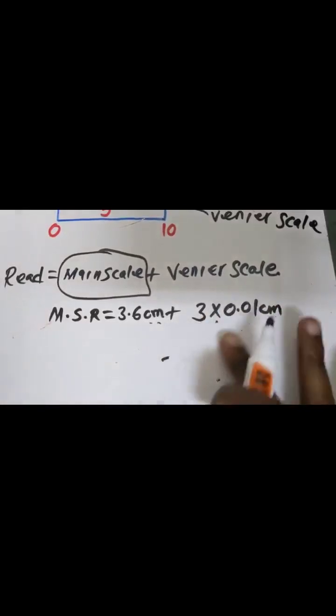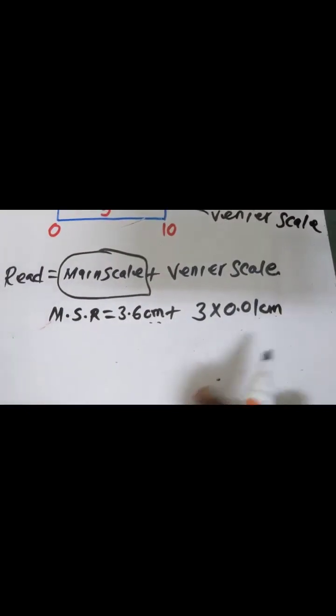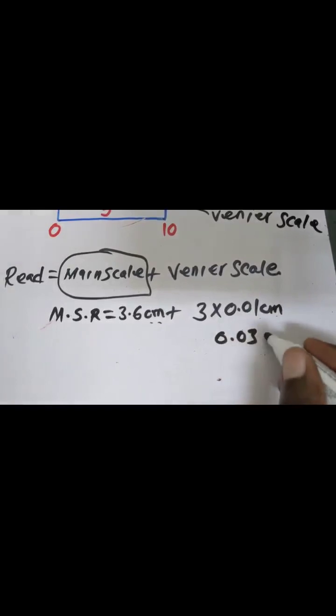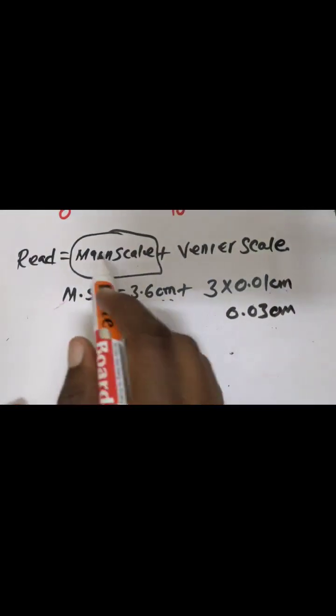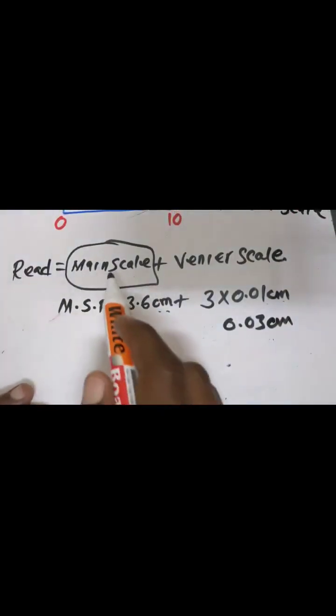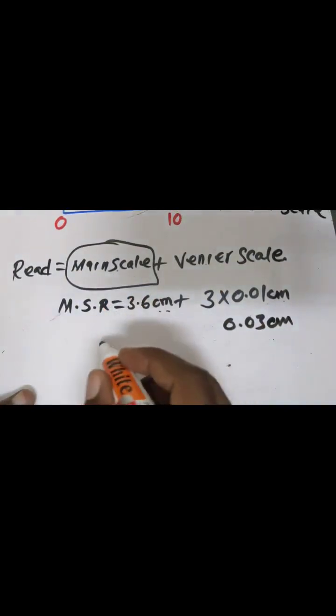So here, if we multiply these, it is going to be what? 0.03 centimeters like that. Okay, so now we have said that the formula for the reading at which the object is, is the main scale plus the Vernier scale. So we are going to add this.